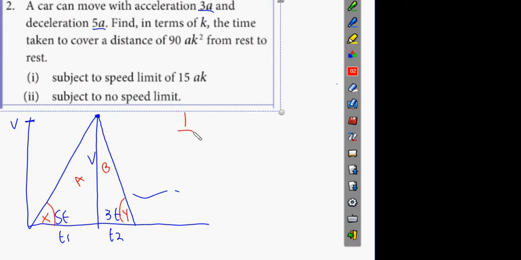So it's a half 5t times v, and the other one's a half 3t times v, and all of that equals 90k squared. Problem here is we have 2 variables, v and t. It's not enough equations to get out both variables. We need another equation, and we need to figure out where to get it from.